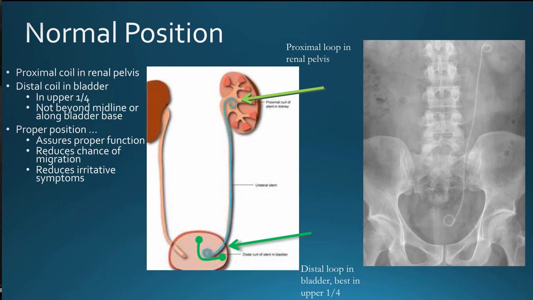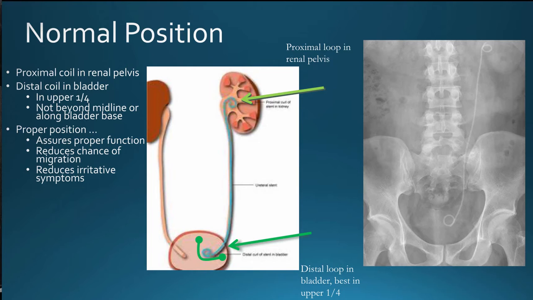This allows some give because the kidneys move significantly with inhalation and exhalation. The bladder fills and empties, and the patient moves. So you don't want a catheter's distal aspect just barely into the bladder, because of this motion, it may get retracted into the ureter.